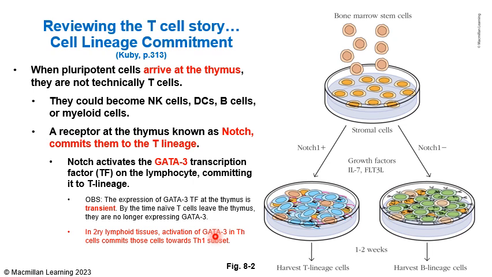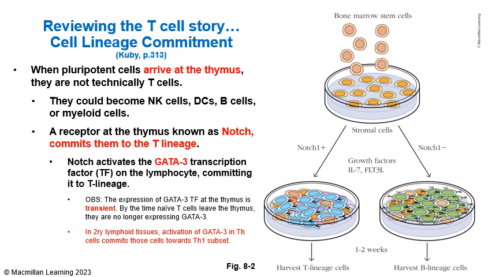By the time your T cell comes out of the thymus, it is not expressing GATA3 anymore, because by the time your T cell leaves the thymus and goes to secondary tissue, the expression of GATA3 is actually a signal to differentiate the T cell into a subtype of T cell. So GATA3 happens here when you have commitment to T cell lineage, but then it stops before the cell leaves the thymus, and later on, if it upregulates GATA3 again, then something else is going to happen.